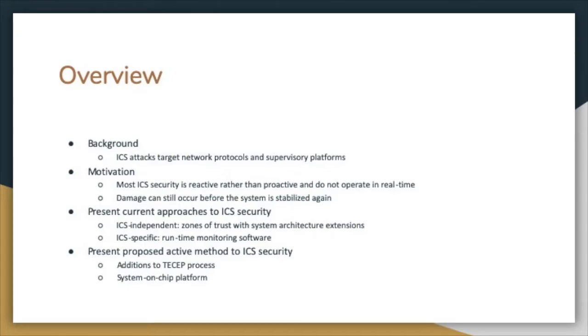These zones of trust can also be integrated with system architecture extensions. An example of a system architecture extension is TrustZone, which is an ARM extension that allows certain applications to run in a secure zone running under a distinct kernel in a separate memory space and can access certain hardware resources that are unavailable to applications that run in the normal zone.